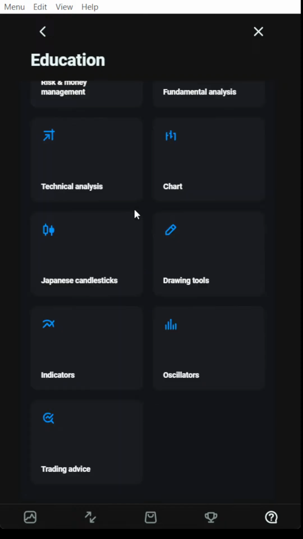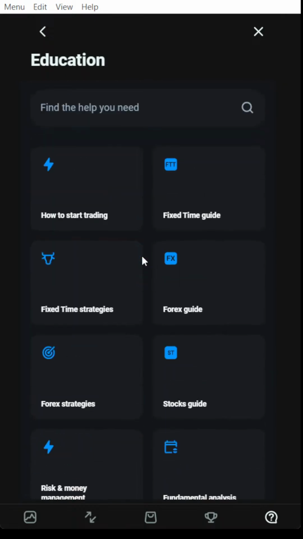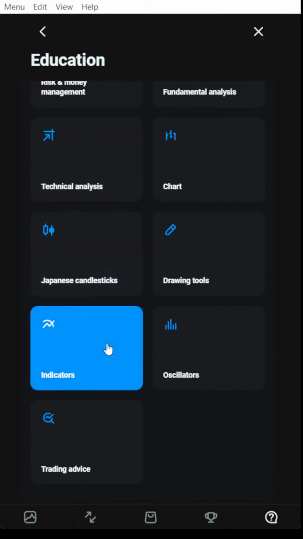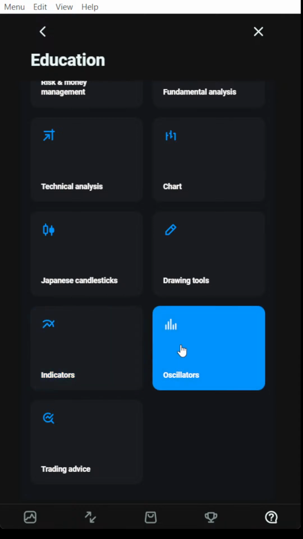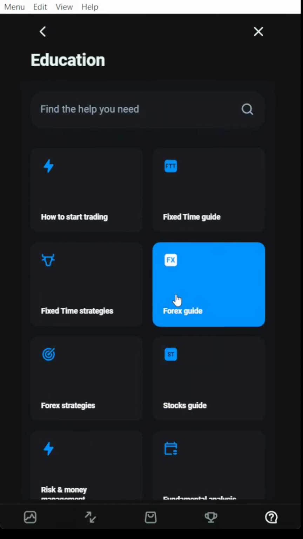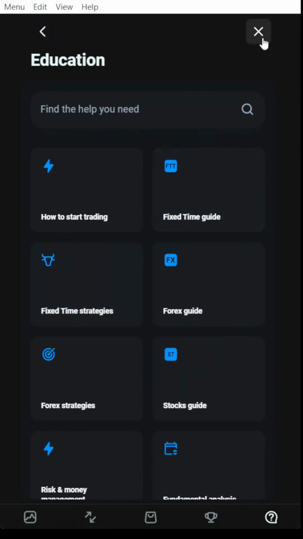Many things are over there. You just need to explore. If you explore, you will understand how to use the drawing tool, how the Japanese candle works, which kind of indicators and oscillators we have and how to use them, trading tools, trading advice, stocks guide, strategies. Each and everything is here.